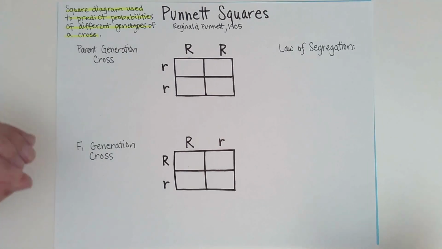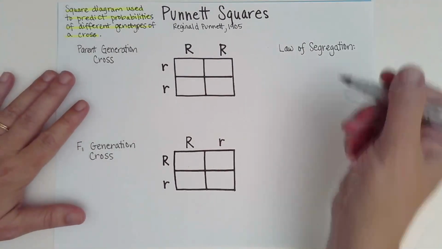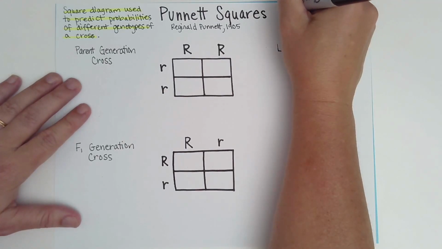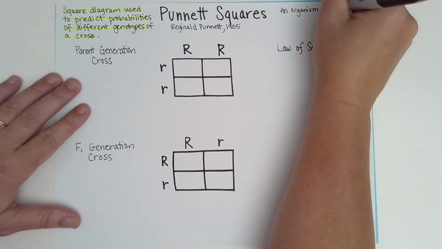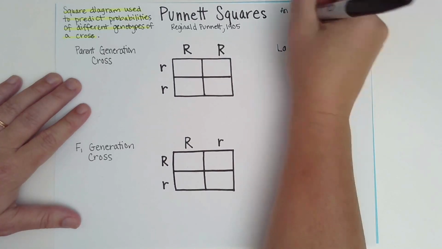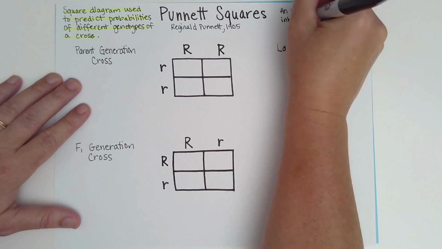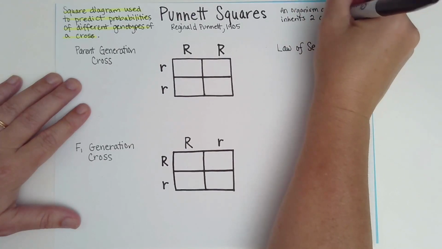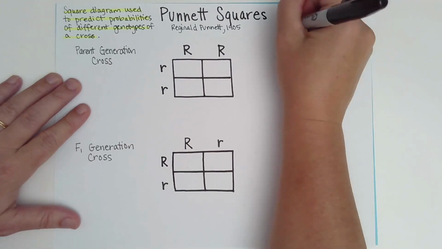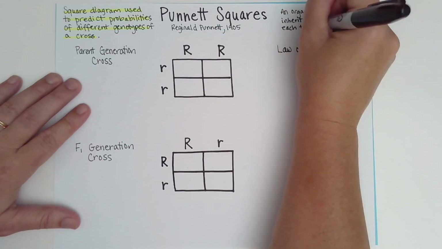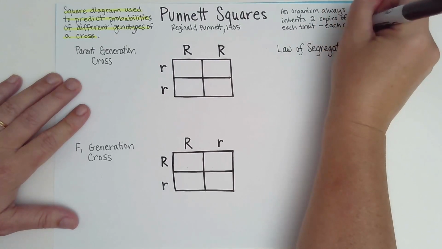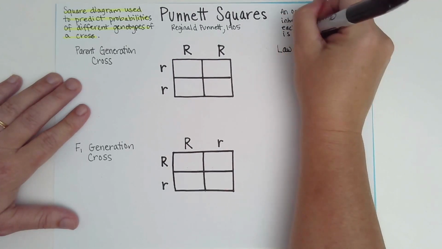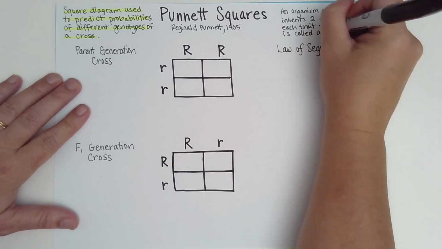So one thing that you have to know when you are setting up one of these is that an organism always inherits two copies of each trait. Each copy is called an allele, and that's what we're going to represent with letters.